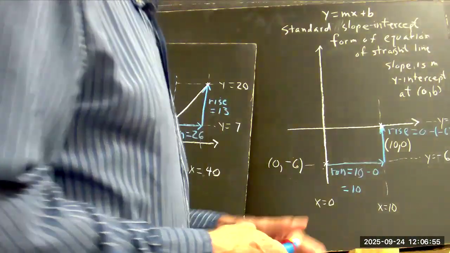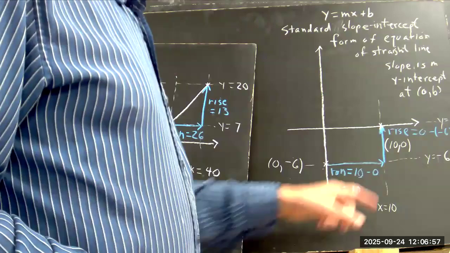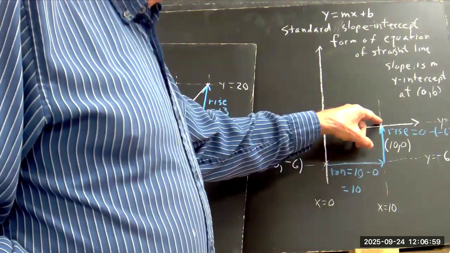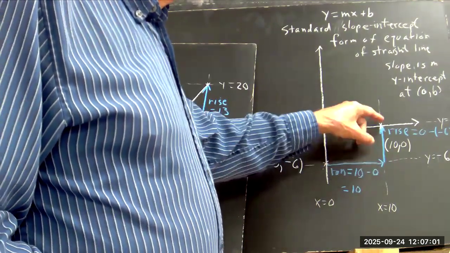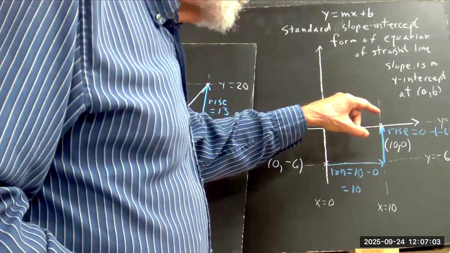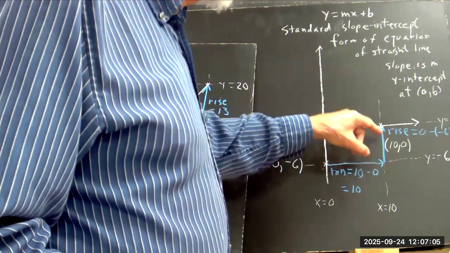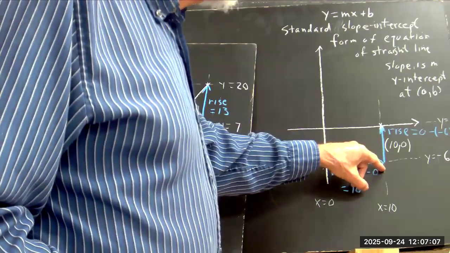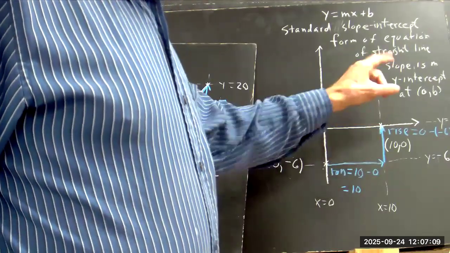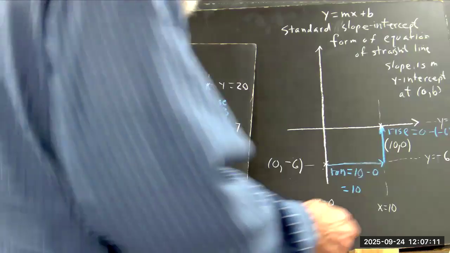And that means we're going to do 0 minus negative 6, because to find out how to get from here to here, we have to move. We get the change in position by subtracting where we start from where we end. We've talked about that before, but you want to get used to that idea. So the rise is 6.